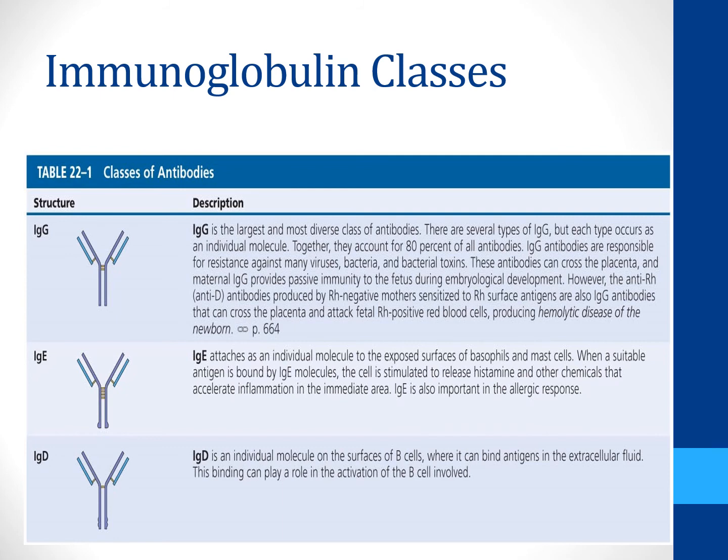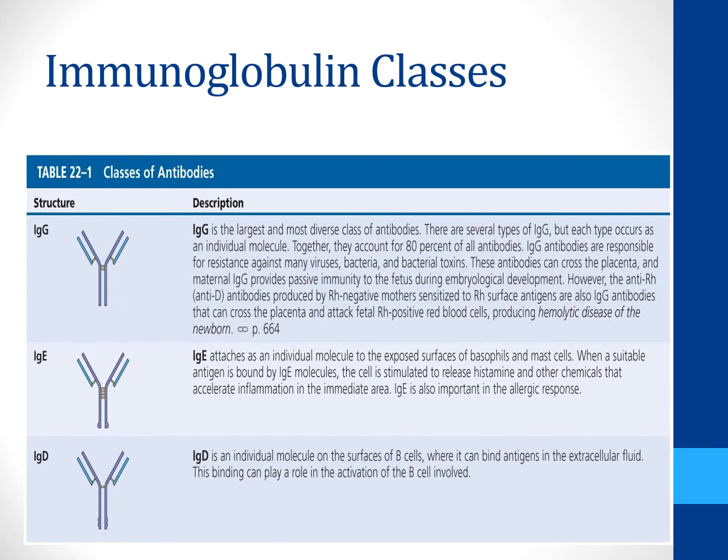IgE antibodies are attached to a molecule that's exposed on basophils and mast cells. And so we find them with allergies, and they increase inflammation. So the allergic response creates IgE antibodies.